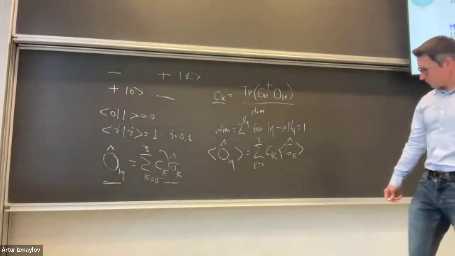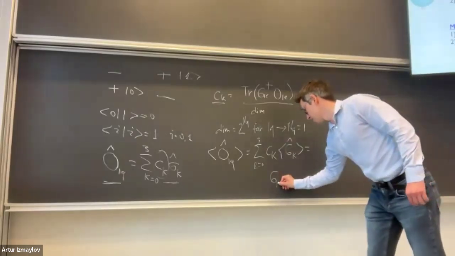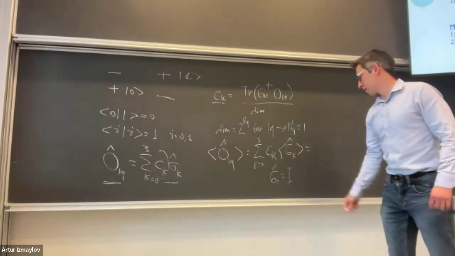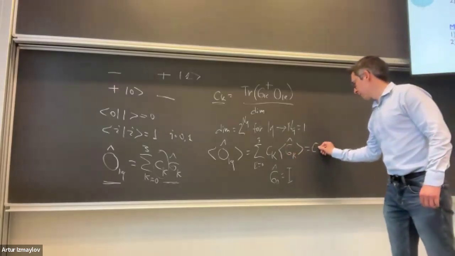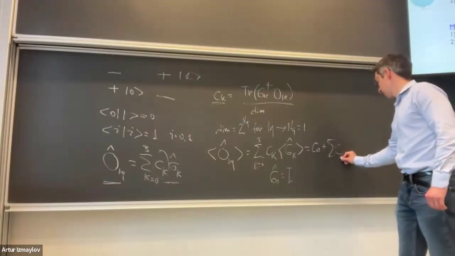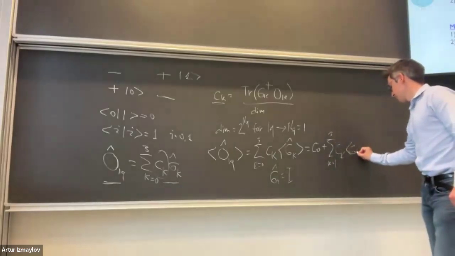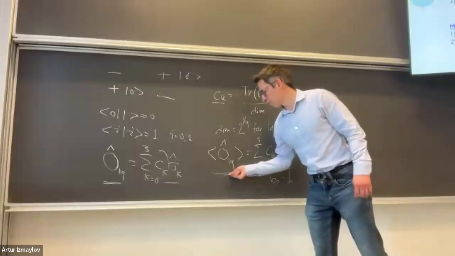The first term is trivial since sigma 0 is the identity, so its expectation value is 1. Then we have C0 plus the sum over C k, where k goes from 1 to 3, of the sigma k expectation values. Knowing only the expectation values for the sigmas, we could get the expectation value of any operator.